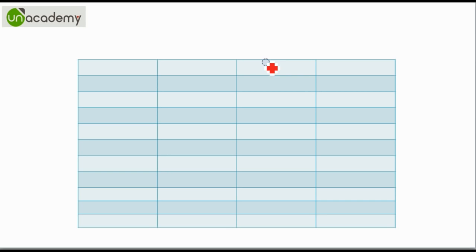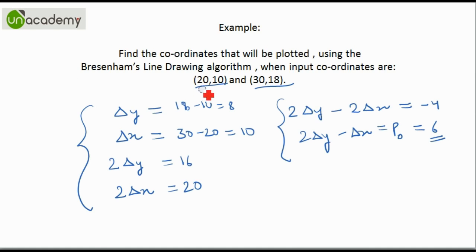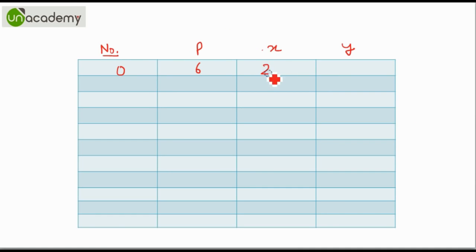So here we have a table. We will mark it as x, y, p and the iteration number. So at the 0th iteration we have the initial p value as 6 and the point plotted will be the initial point, that is 20,10. Remember that we are plotting from 20,10 to 30,18.